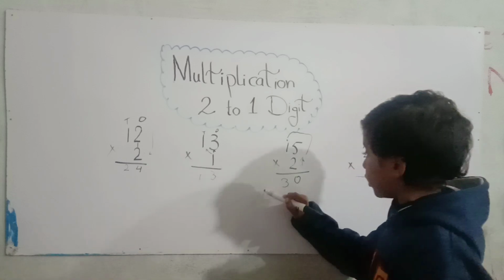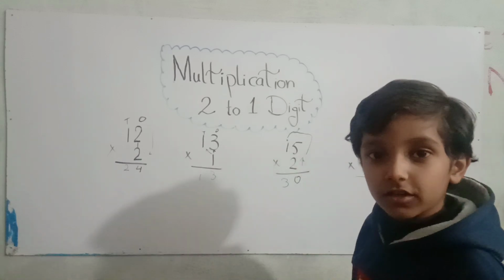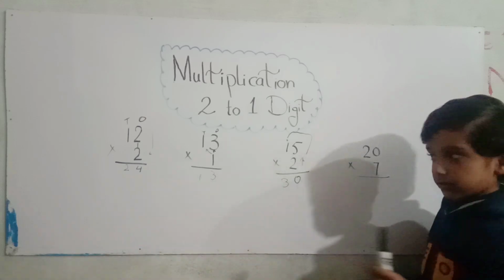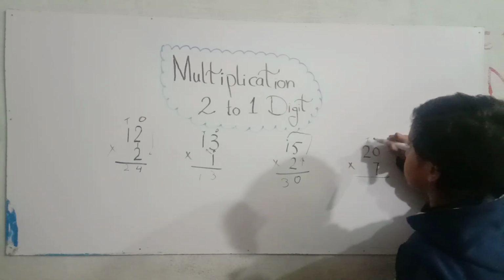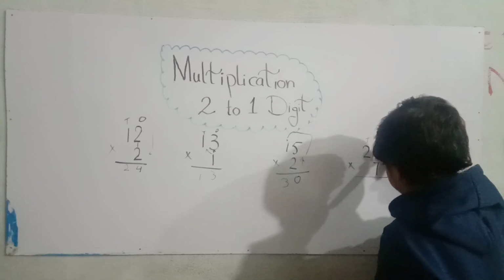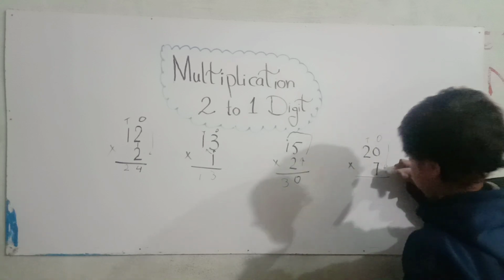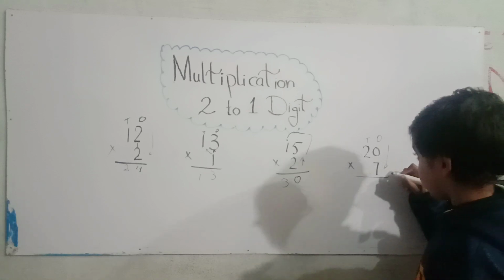So let's go to the last question. First we have to write tens and ones. And then we have to look at the down digit. It's 7. So let's look at the 7.